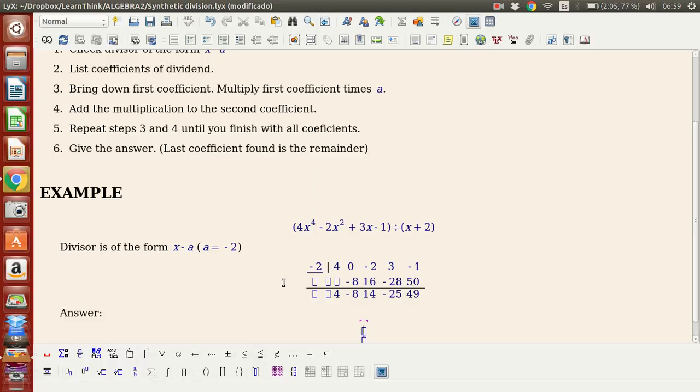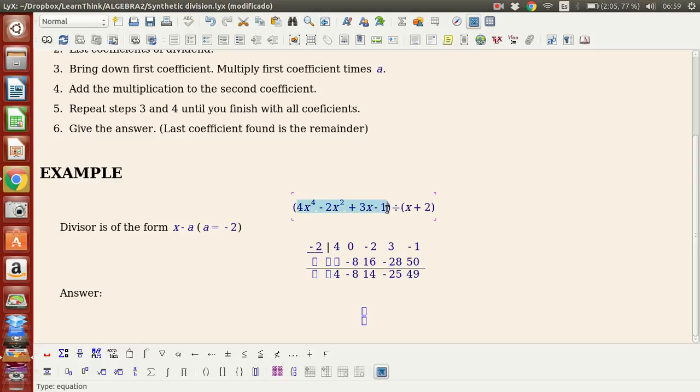The first way I usually write my answer is that the division is equal to, and remember, this is 4, so 4x to the 3rd power, since it's 4th power and 1st power, so 3rd power, minus 8x to the 2nd power plus 14x minus 25 plus, and we're gonna write the remainder.